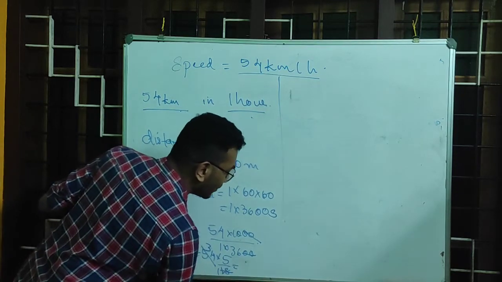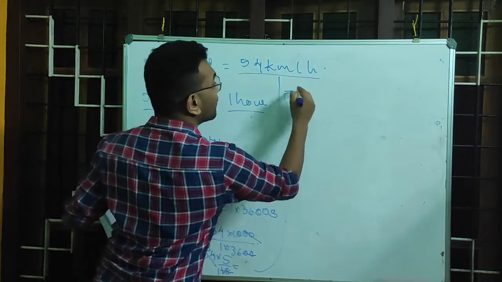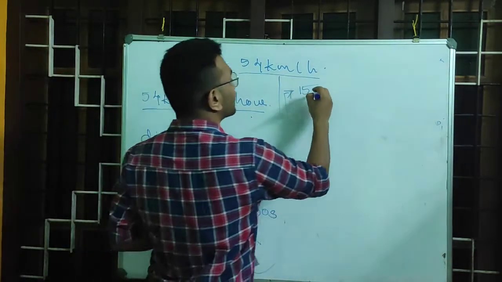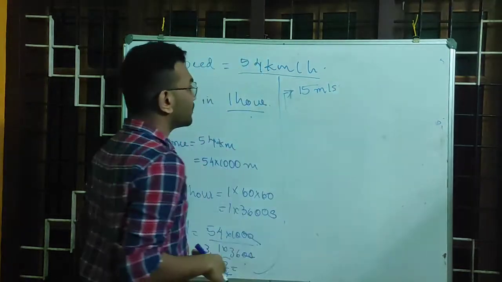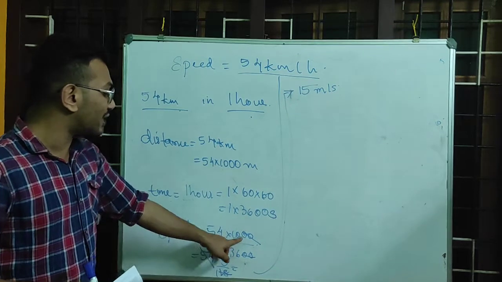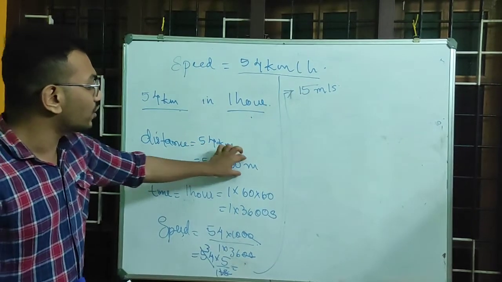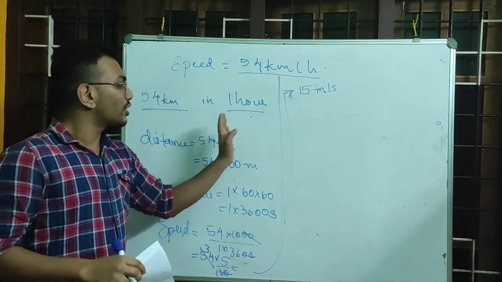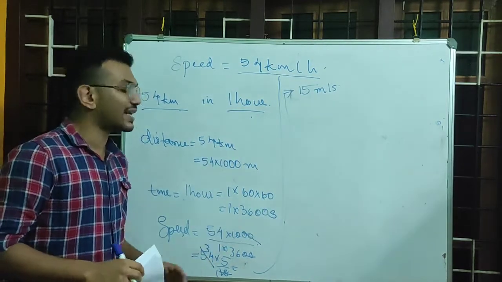Okay, I will write it here. So it is 15. What is the unit? Meter per second. Okay. Simple conversion. Speed is distance by time. We just have to multiply 54 into 1000 and hour into 3600 to convert kilometer to meter and hour to second.